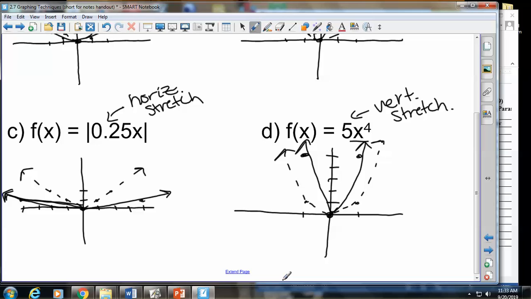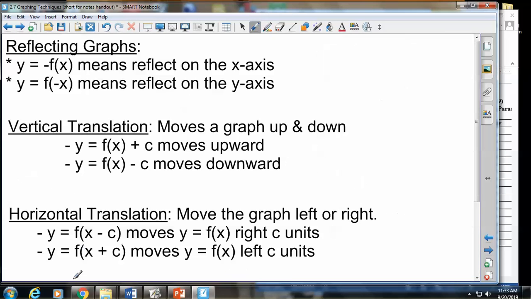It's probably the hardest thing I'm going to do with you today, because the rest of it is more like what you did in Algebra 2. Okay? The next few transformations we're going to talk about reflecting and moving up, down, left, and right. If it's on the outside, it's changing your y. So negative on the outside would mean making all your y's negative, which actually flips it over the x-axis.